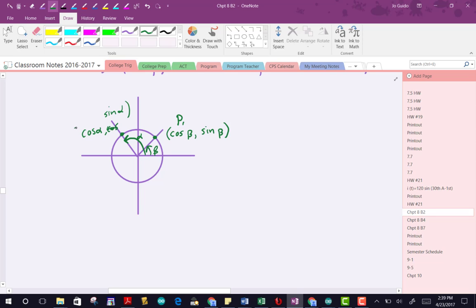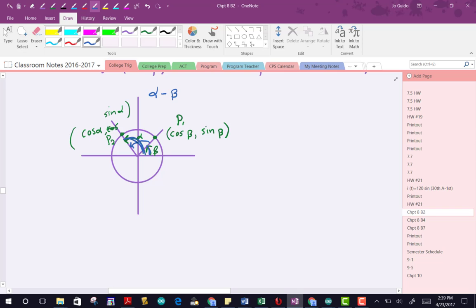What we're going to do next is take this triangle, this angle, let me change colors for a minute so you can see what I'm talking about. This angle right here would be the angle alpha minus beta, right? Because this whole big thing is alpha and this little thing is beta. And so if we subtract beta from alpha, we get alpha minus beta as this angle in between.